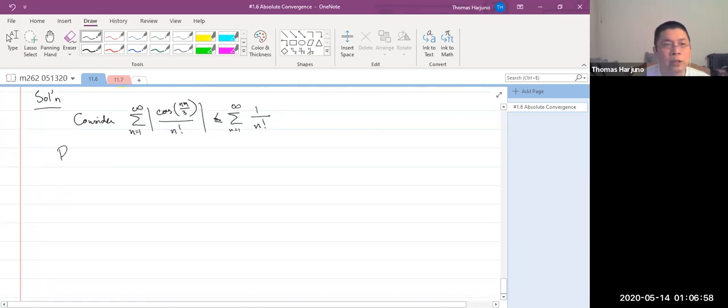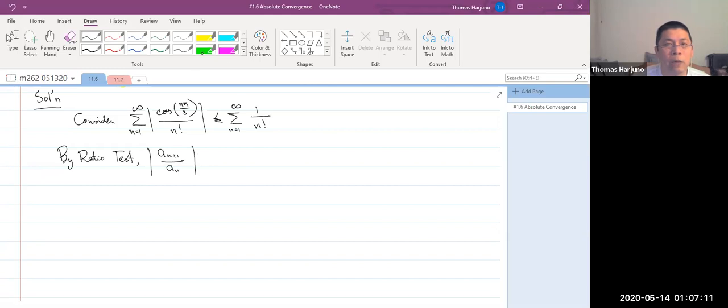By ratio test, absolute value of the next term over the current term. So I apply that ratio test on this.